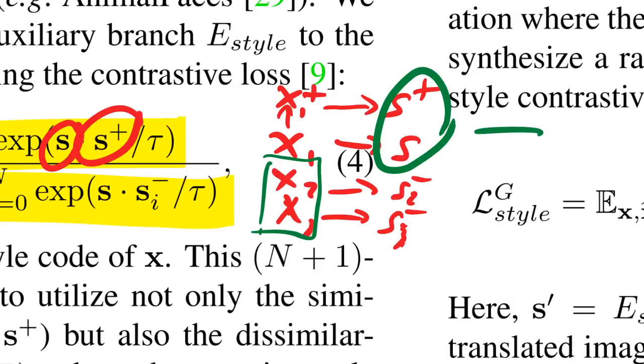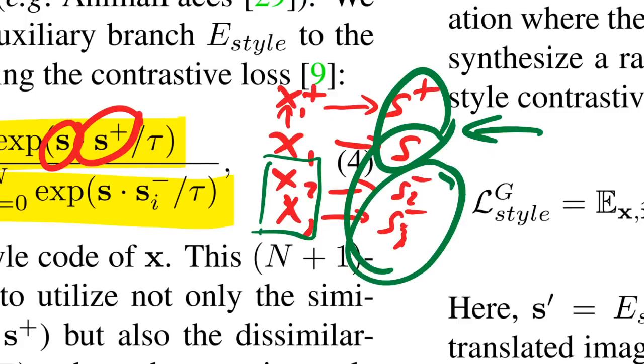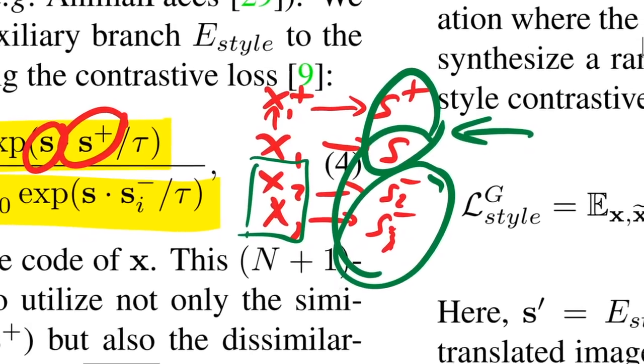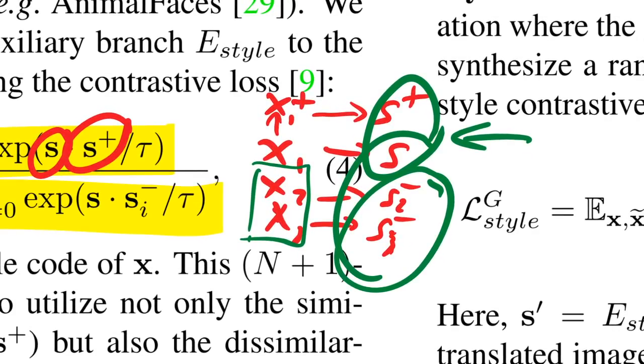So we want those two to be closer together than S is to any of these other images. Okay, so this is a contrastive loss where you pull together two things that you think should be close, and you push apart things that you think should be far away from each other.